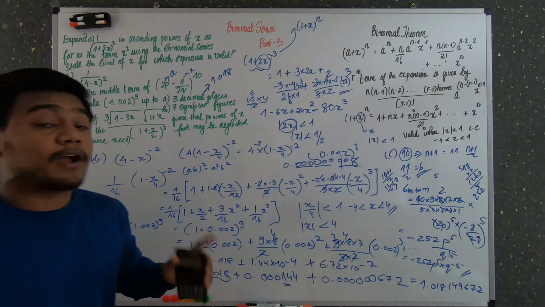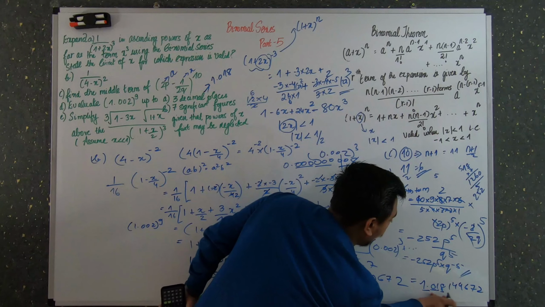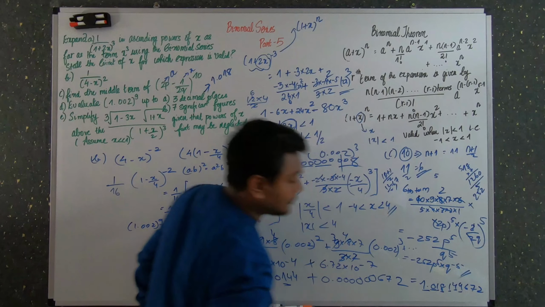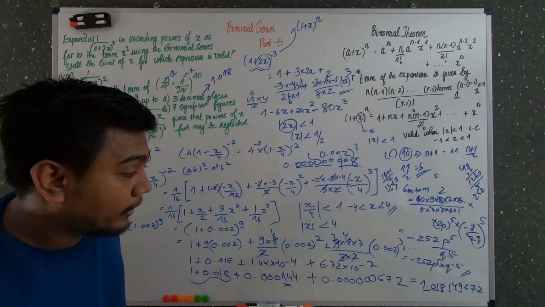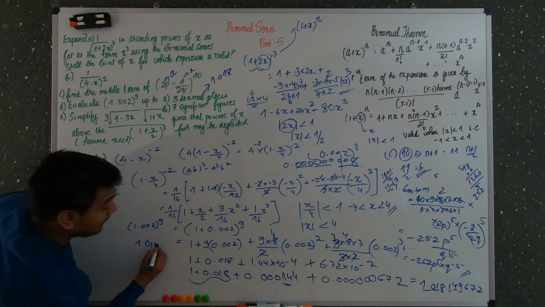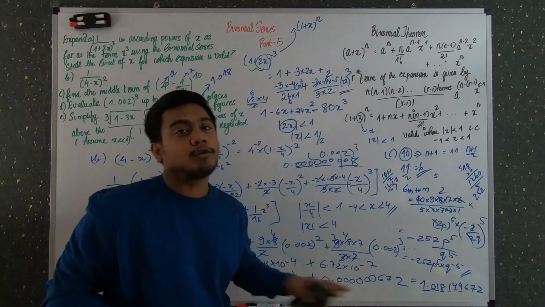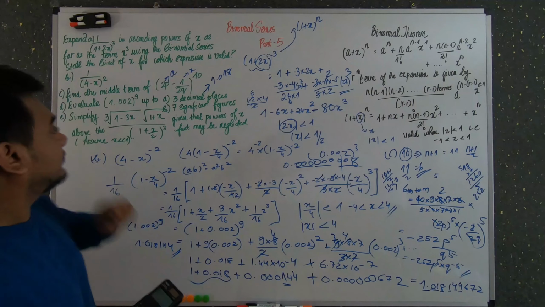But we need to find until 7 significant figures. So 1, 2, 3, 4, 5, 6, 7. So what is our answer? 1.018144. Okay, so that's the answer for the problem number D.